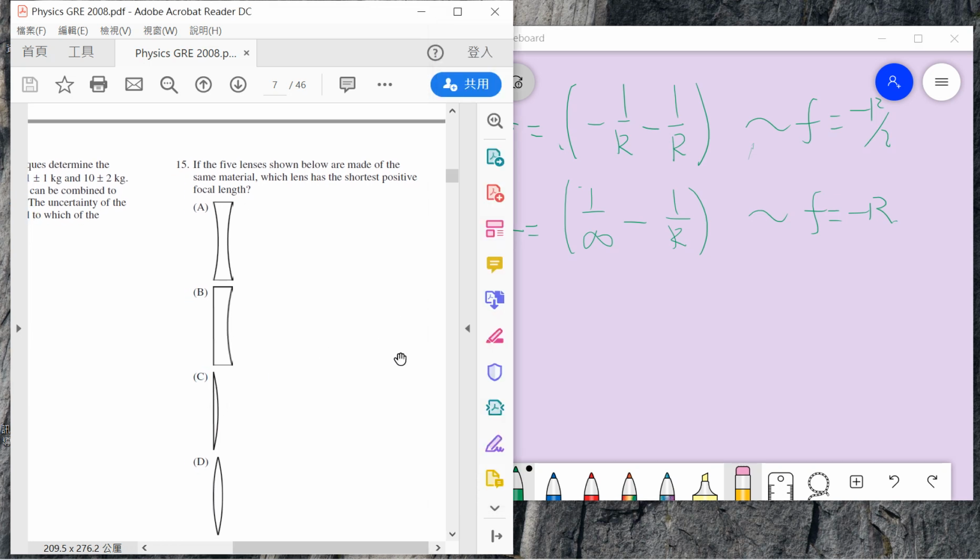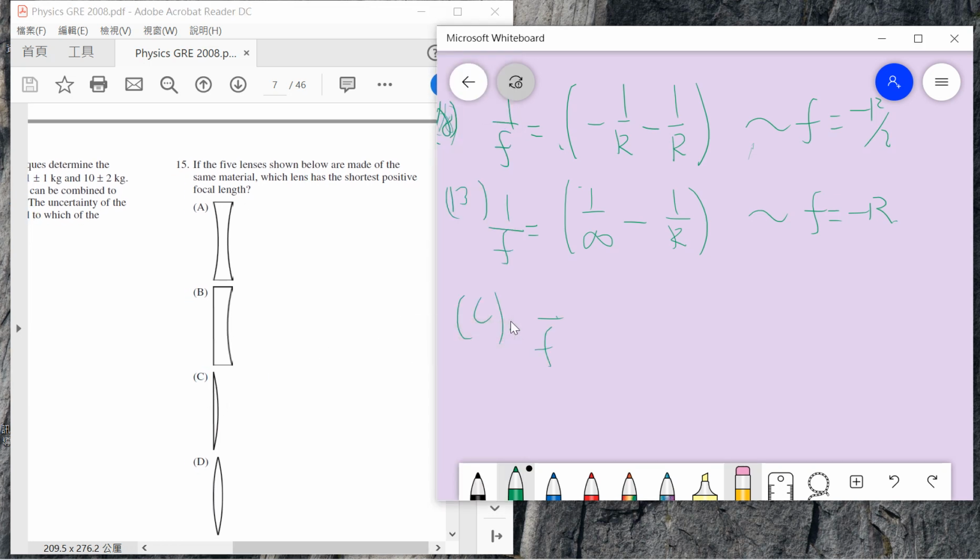C, this is infinity. And this one is positive. But this positive, this R is very large, close to infinity. So I denote it large. So this f is minus.